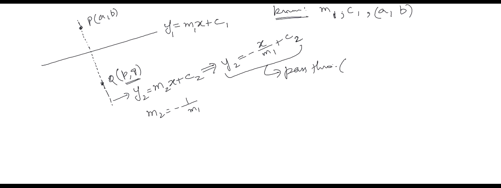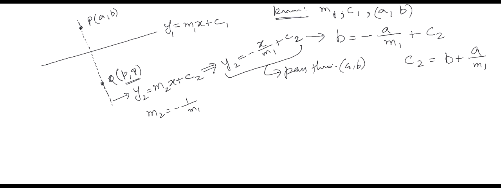So if that passes through AB, then B must be equal to minus A over m1 plus c2. Is it okay? Yes. So this gives c2 is nothing but B plus A over m1. That is also known now. So the y2 equation is simply minus x over m1 plus B plus A over m1. All of them are known here now, isn't it?